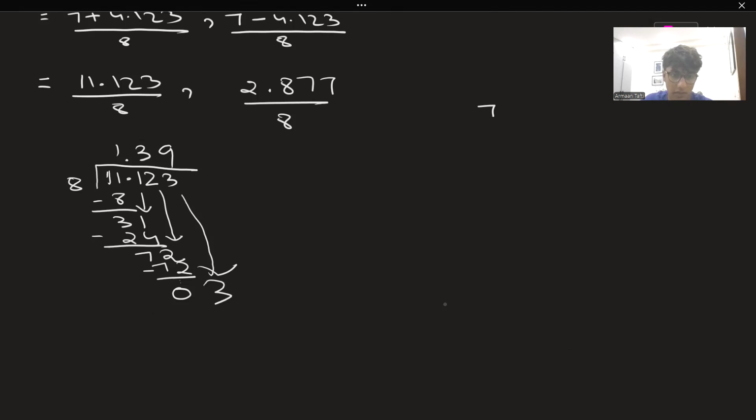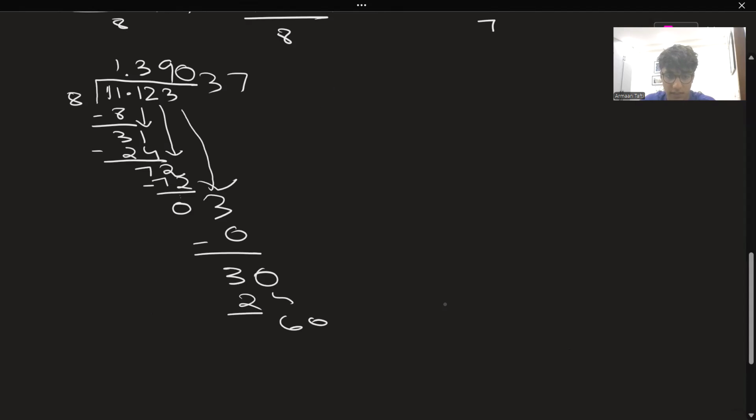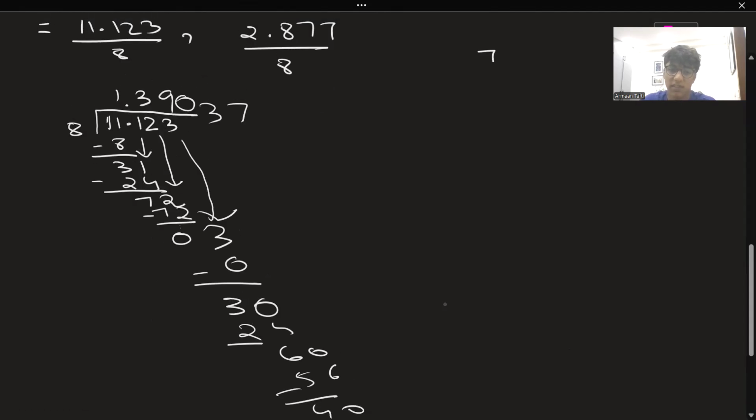So you get 8 zeros are 0, 3 minus 0 is a 3, 0 here. 8 threes are 24, 6, 0. 8 sevens are 56, 4, 0, and a 5. Now you may be wondering, there's no need to do all of this, but I always like to do it, because any number divided by 8 will never be recurring, so if my number ends, I know that my division is correct.